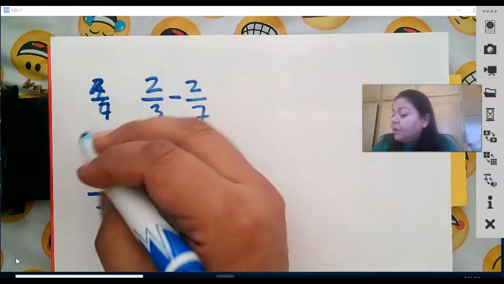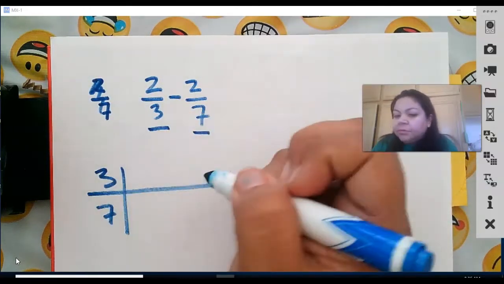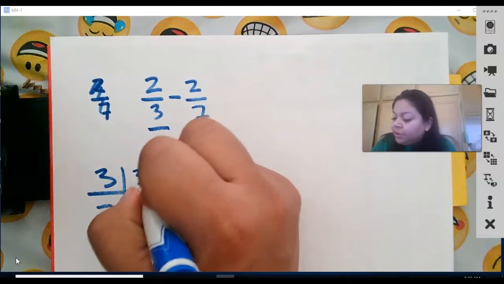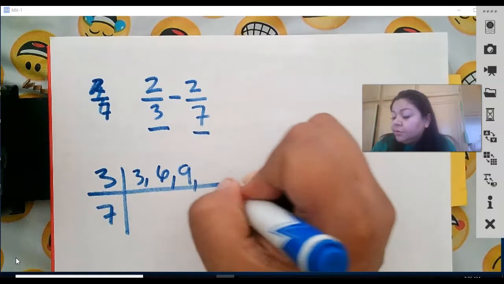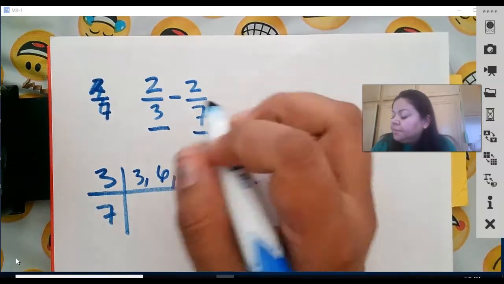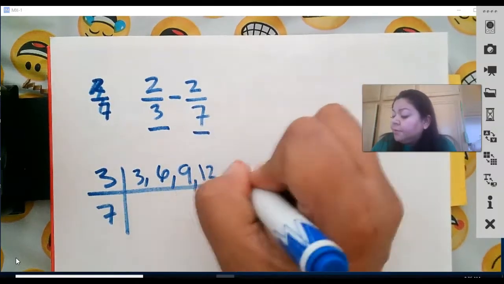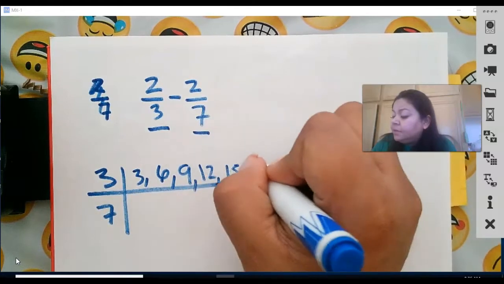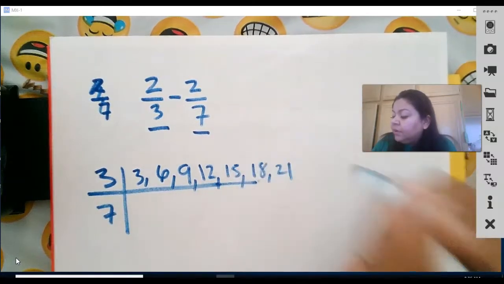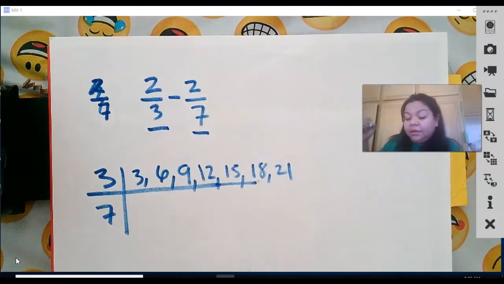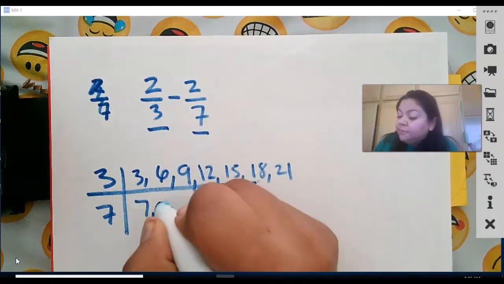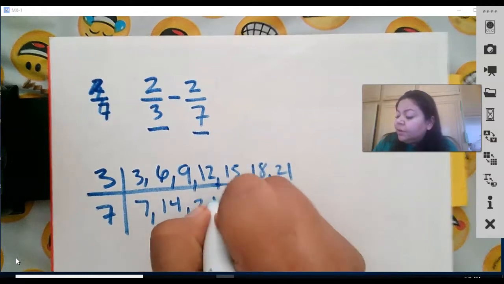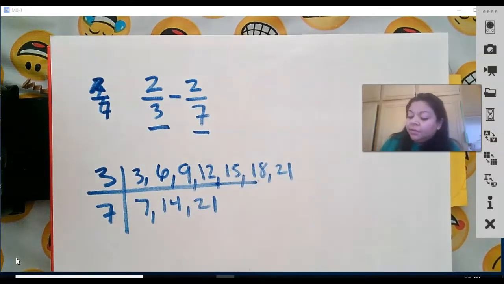So let's find the multiples of 3. We go 3, 6, 9, because I'm doing multiples, 12, 15, 18, 21. And I'm going to find the multiples of 7: 7, 14, 21. Okay, there you go.